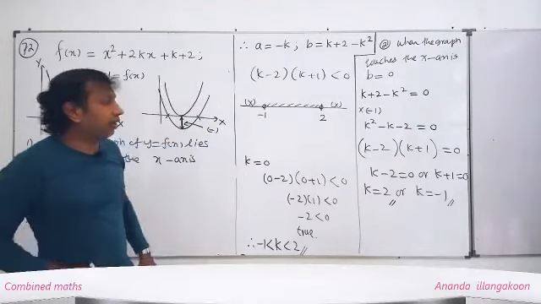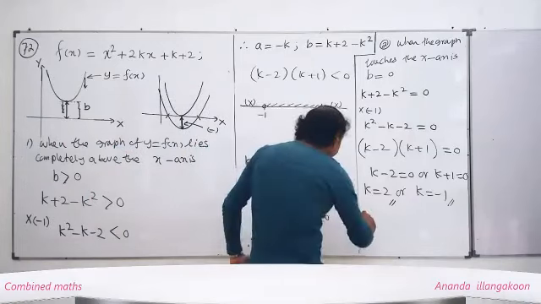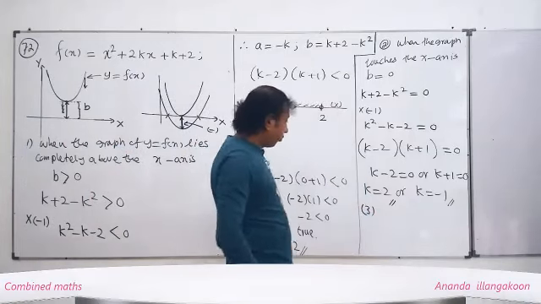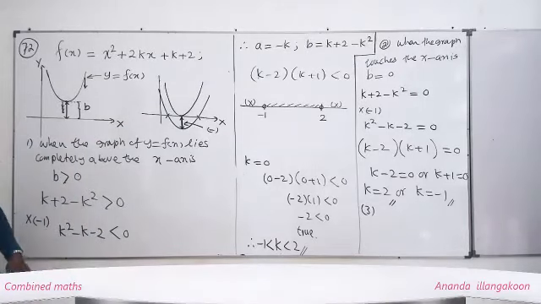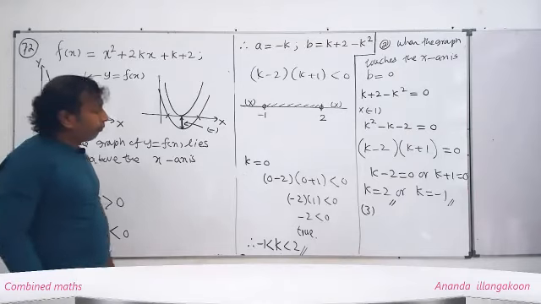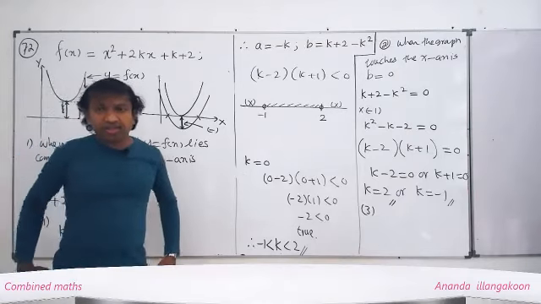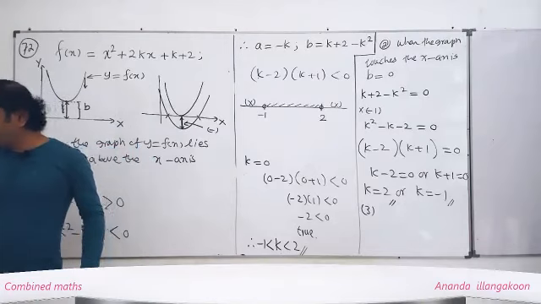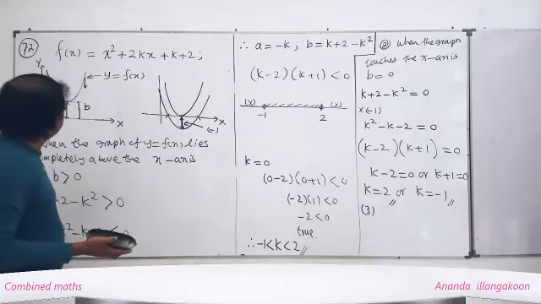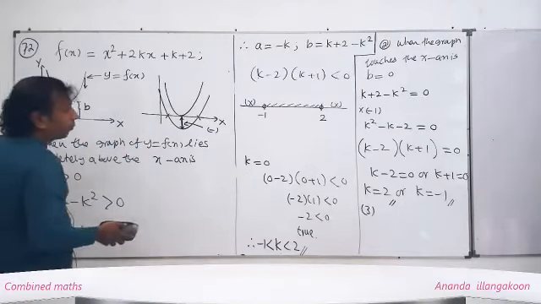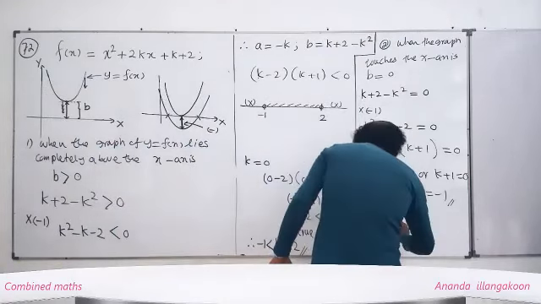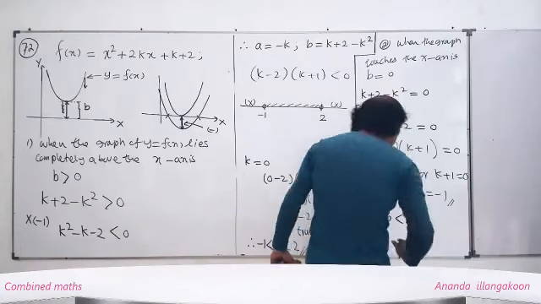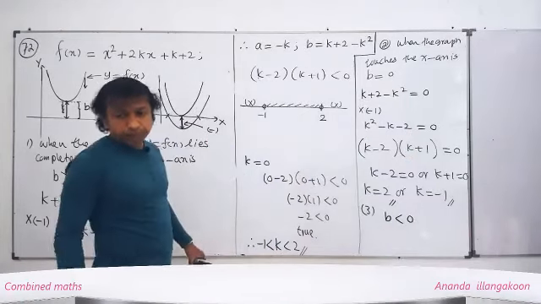Understand? Right? Then write down number 3. When the graph cuts the x-axis at 2 distinct points, b is negative, b less than 0.